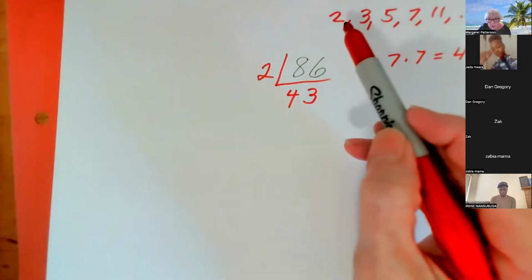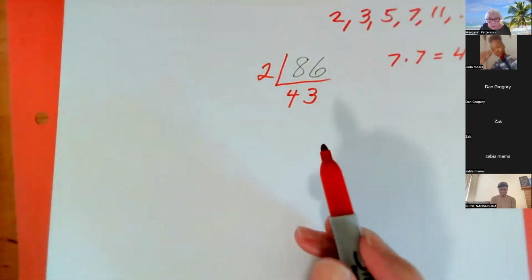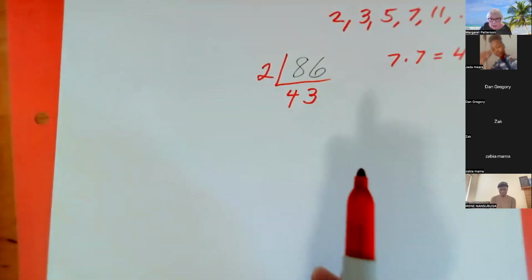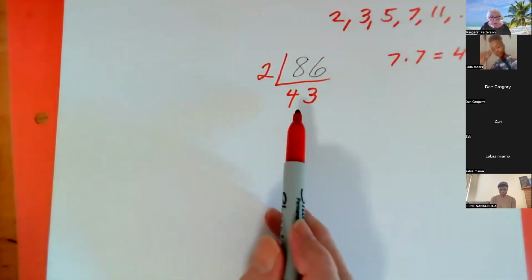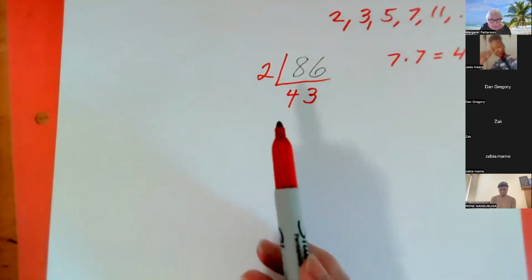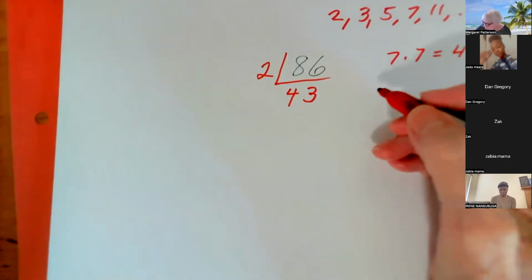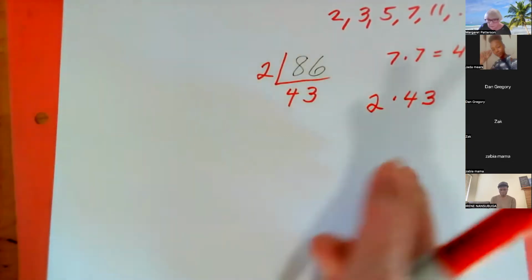So I really only had to try these first 3 numbers. The bottom line is, if these 3 numbers don't go into 43, there's no way it's going to reduce any further. Bottom line, 43 is a prime number. So your answer is 2 times 43.